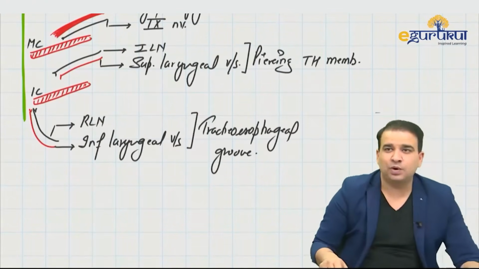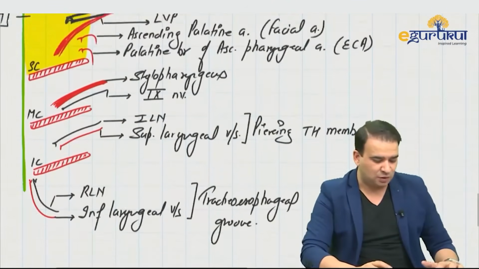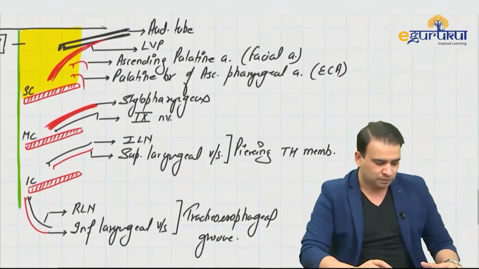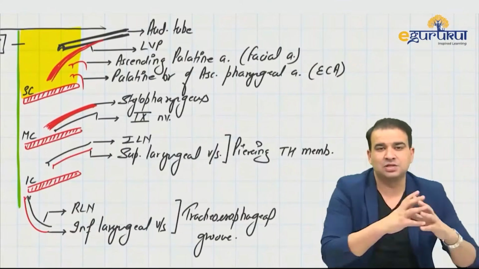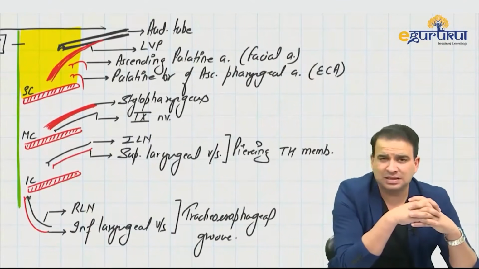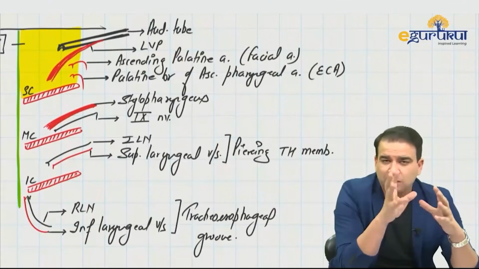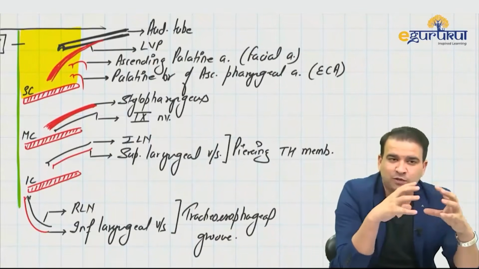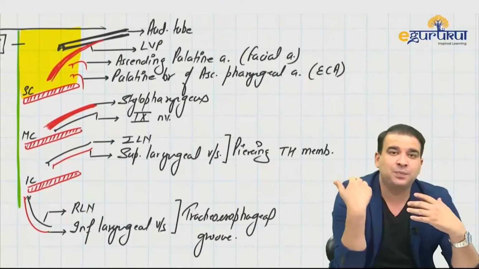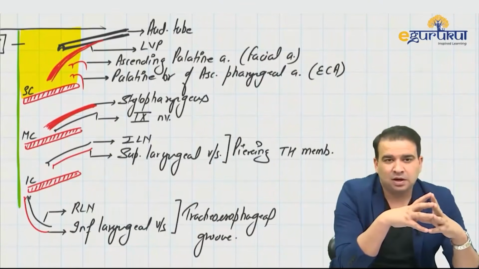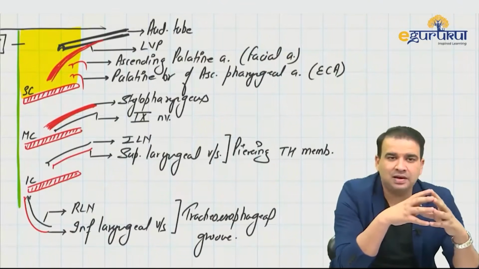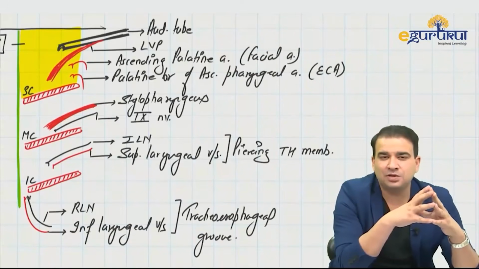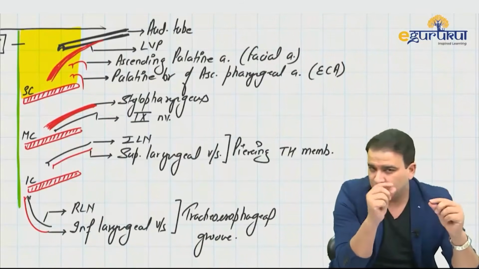Another way of asking the same question, the structures in the tracheoesophageal groove. So these are the structures which are present between the constrictor muscle. That's a very, very commonly asked question from the pharyngeal wall, the structures between the constrictor. And especially the sinus of Morgagni, or you can say the structures which are piercing the pharyngobasilar fascia. Auditory tube, levator veli palatini, ascending palatine artery, and palatine branch of ascending pharyngeal artery. Just don't confuse those arteries there.